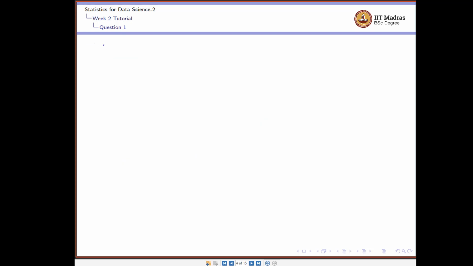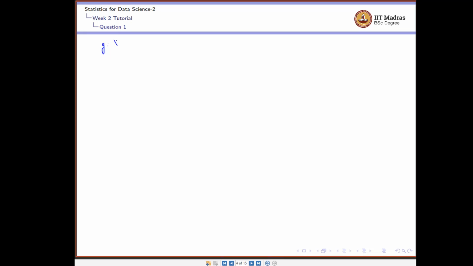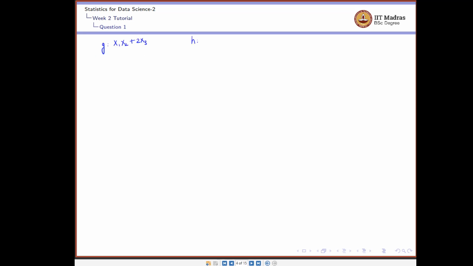So g is given as x1 x2 plus 2x3 and h is given as 2x1 plus x2. Now we have to find the joint distribution of g and h.